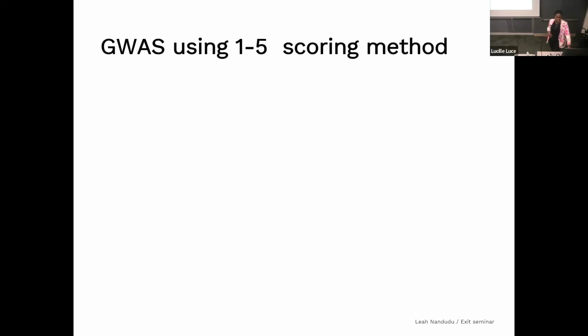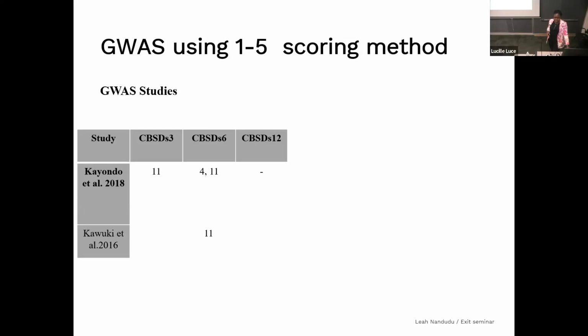So when we talk about GWAS using the 1 to 5 scoring method for cassava brown streak disease, a few studies have been conducted. It's important to mention that Kawuchi's population and Kayondo's population are grandparents of the C2 population.